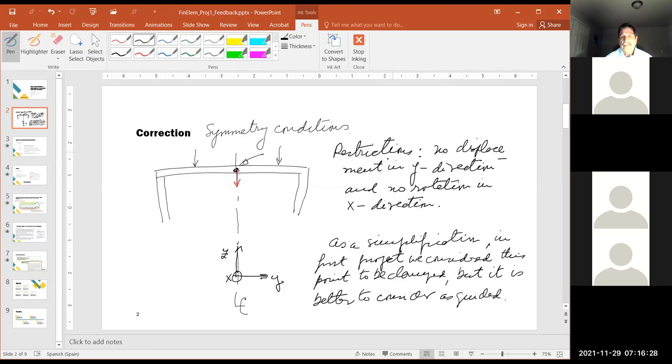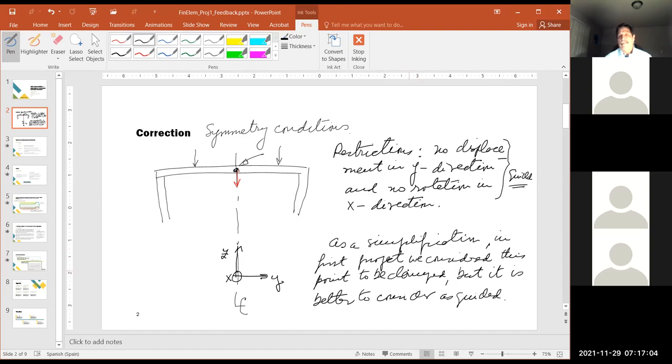These two conditions remind us that this point can move in the vertical direction, but it cannot move in the Y direction, and it cannot rotate. Basically, this is a guided end, what we call a guided. Maybe you remember this from mechanical engineering, from solid mechanics. So this is what we did in the project.